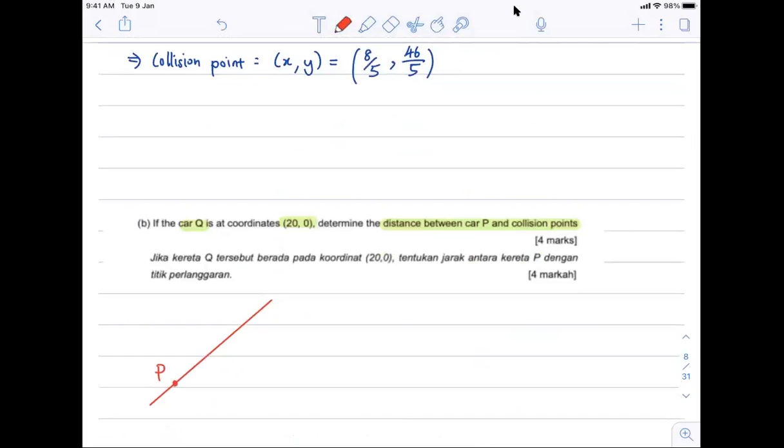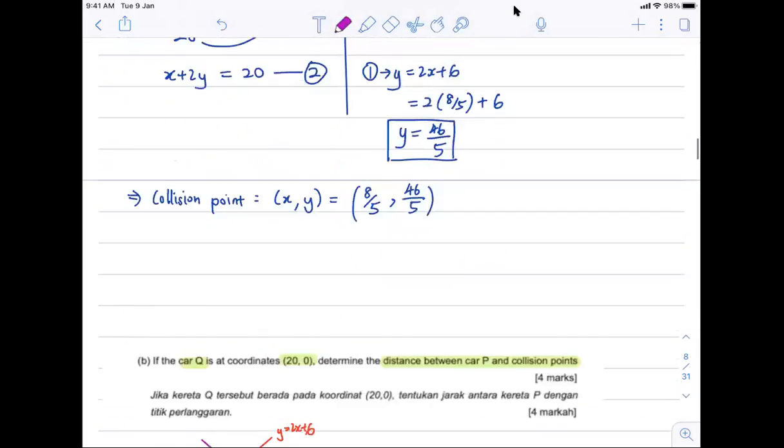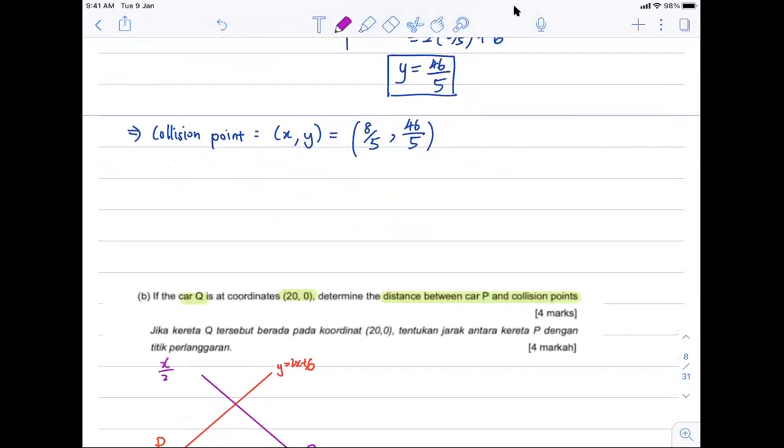This is car P, y equal to 2x plus 6. And then this is car Q. Car Q is moving in the equation x over 20 plus y over 10 equal 1.